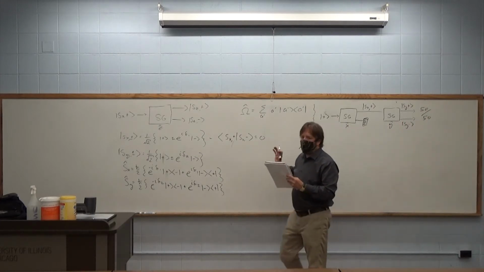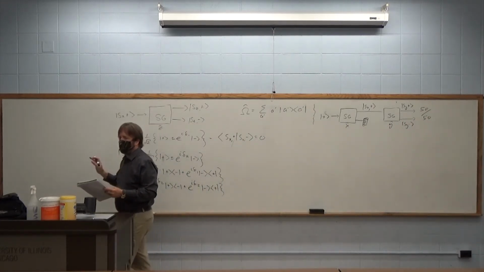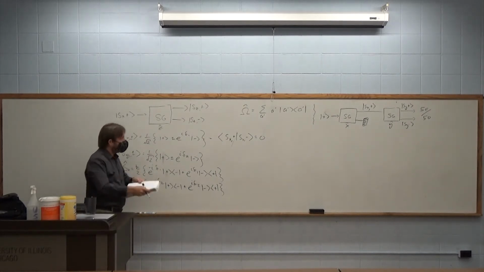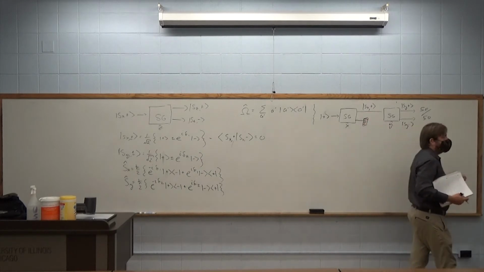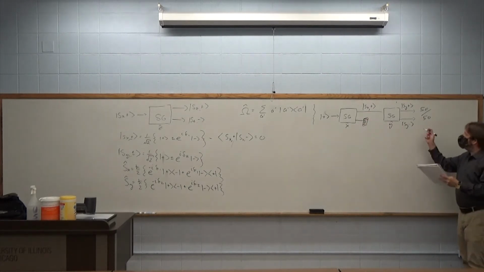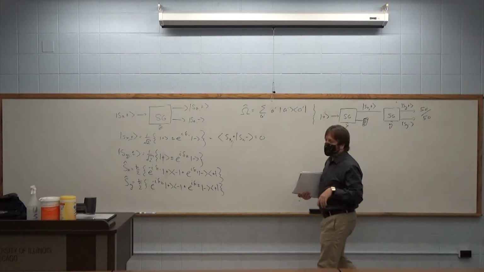We don't need to worry about blocking it. The measurement is 50-50. Okay, so again, if Sx plus polarized silver atoms go into an Sy apparatus, they're 50-50 split up and down.